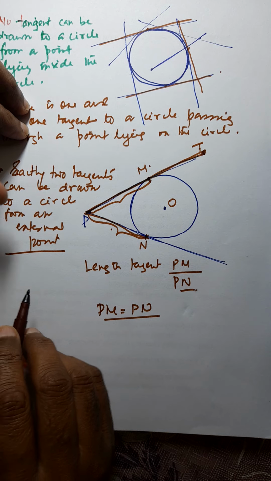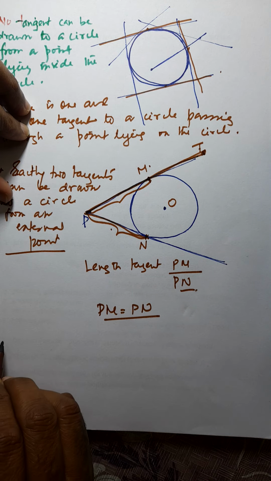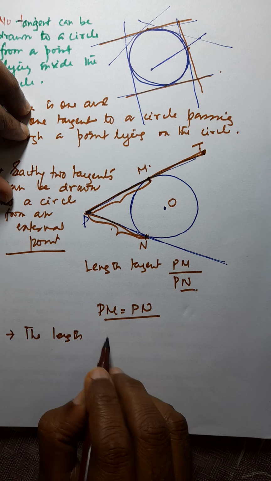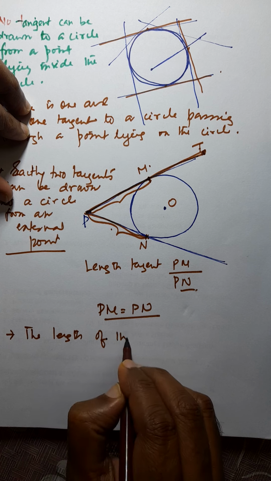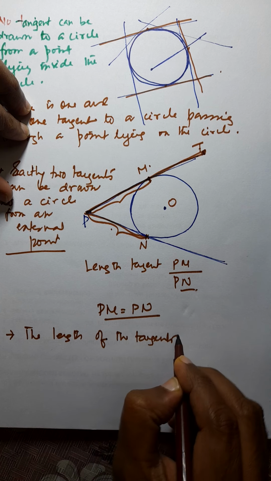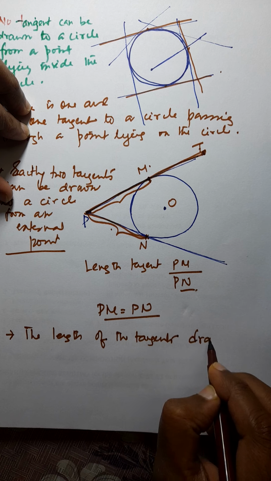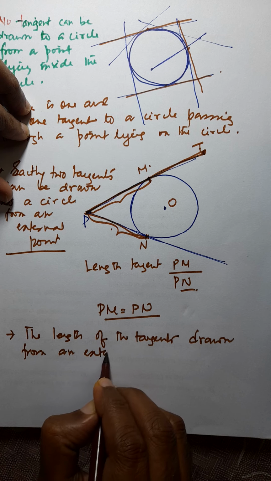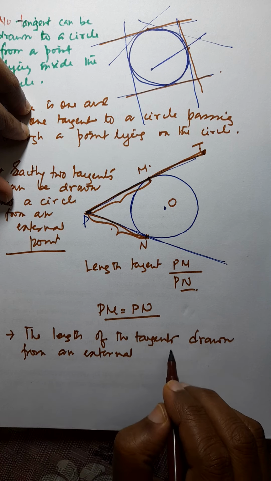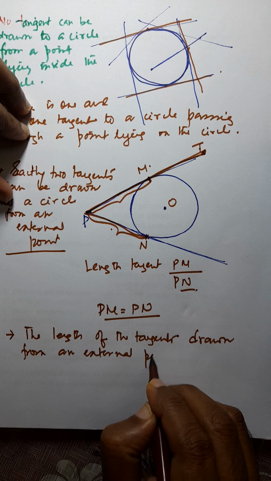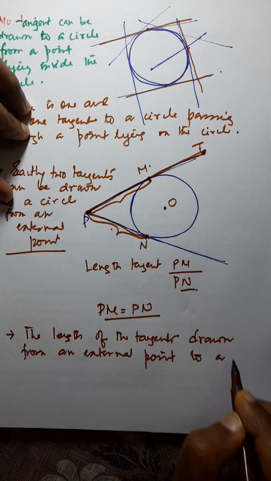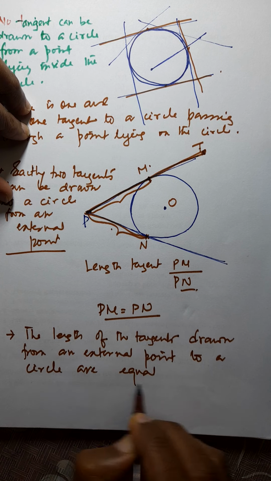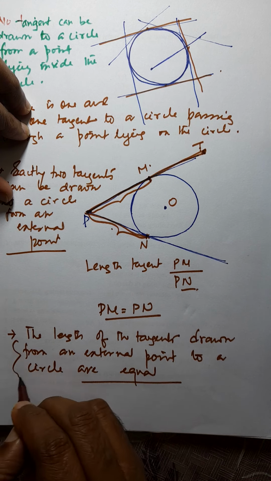The length of the tangents drawn from an external point to a circle are equal.